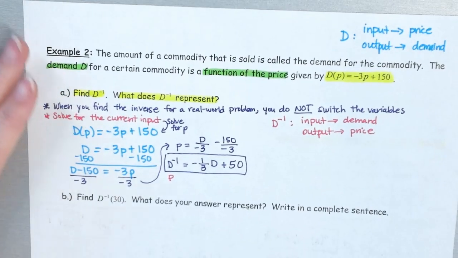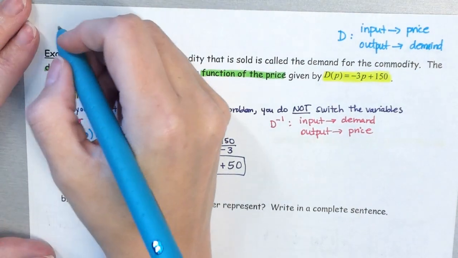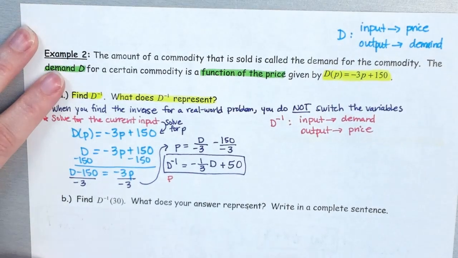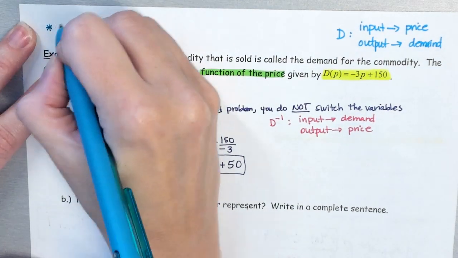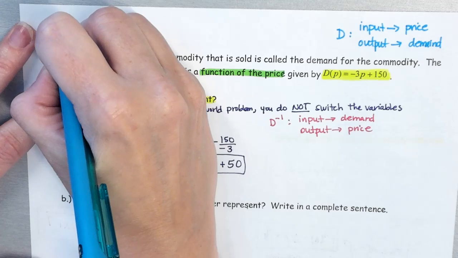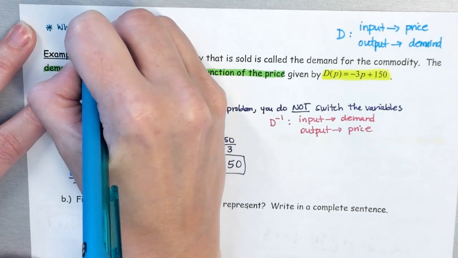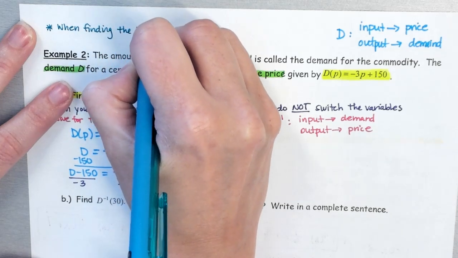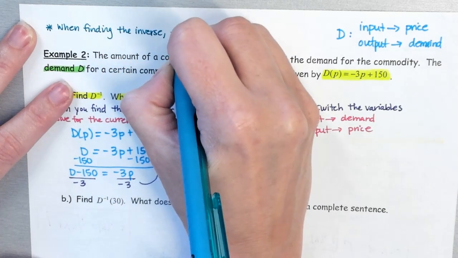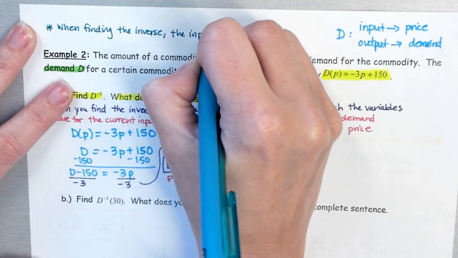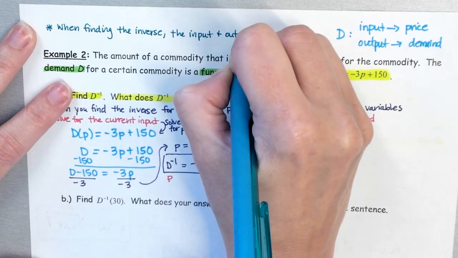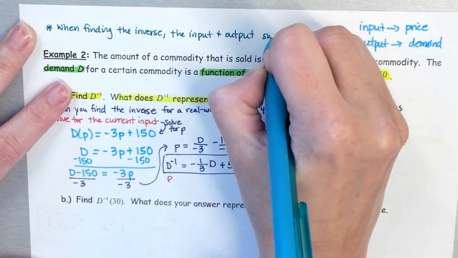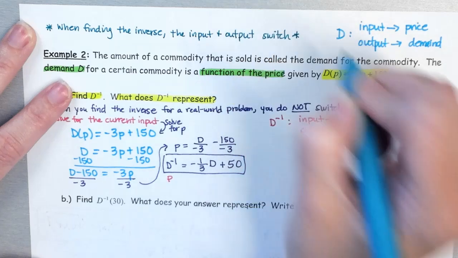Right, so anytime you are finding the inverse, the input and output switch.